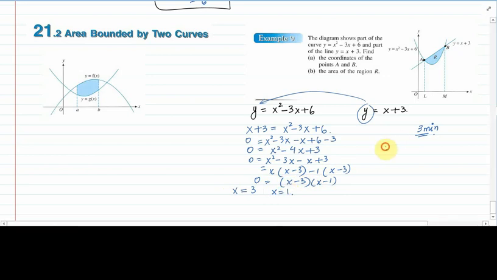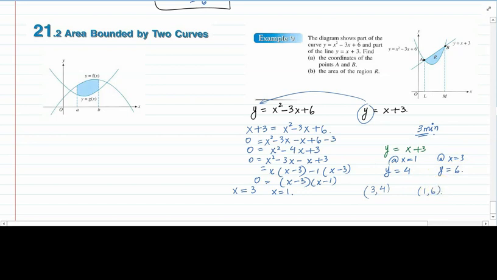We have the equation y equals x plus 3. So I will place the value of x here one by one. So when x equals 1, y is 1 plus 3, 4. At x equals 3, y is 3 plus 3, which is 6. So I got two values.